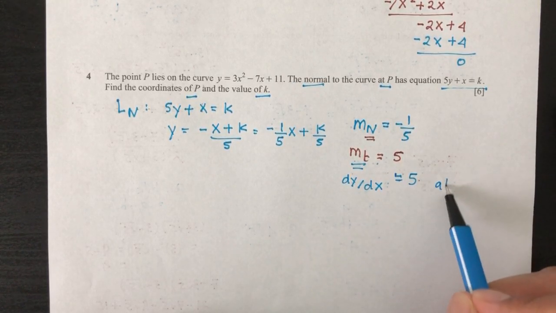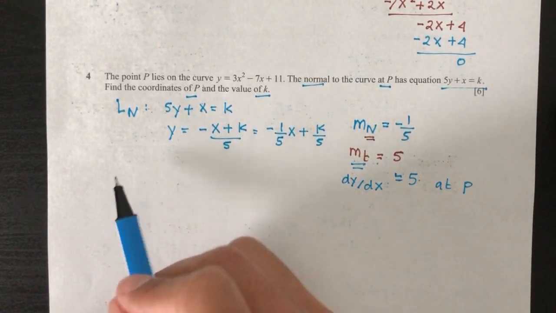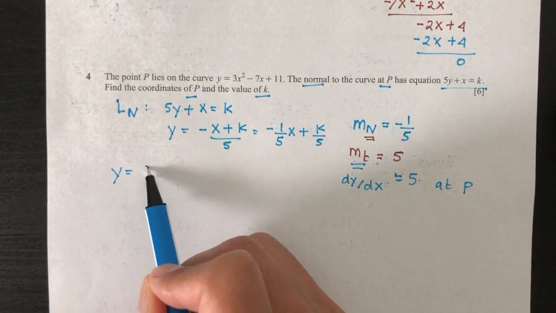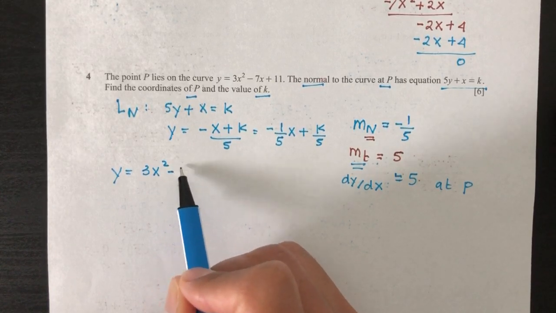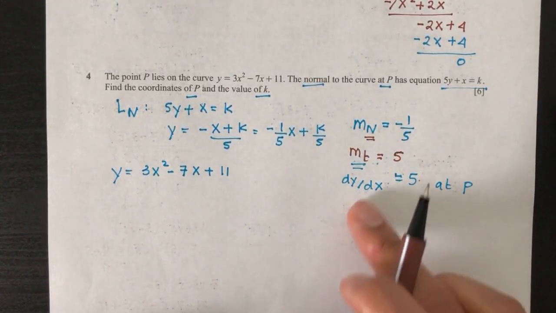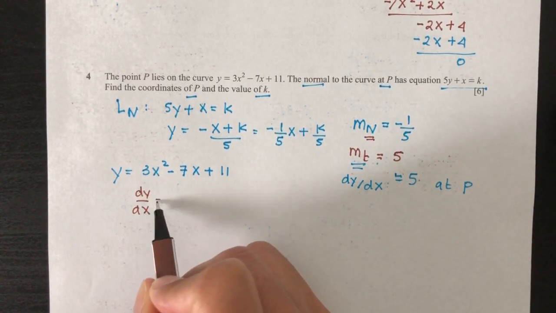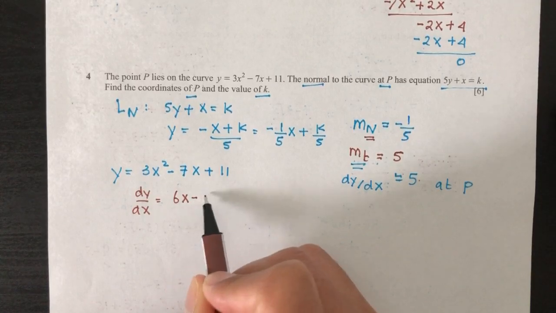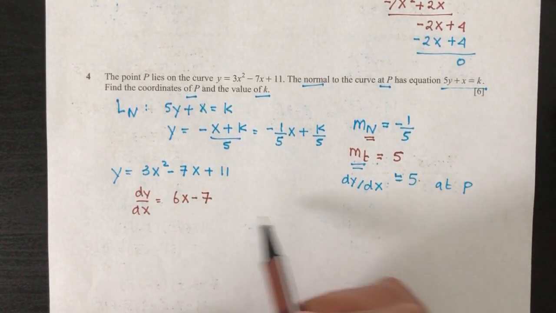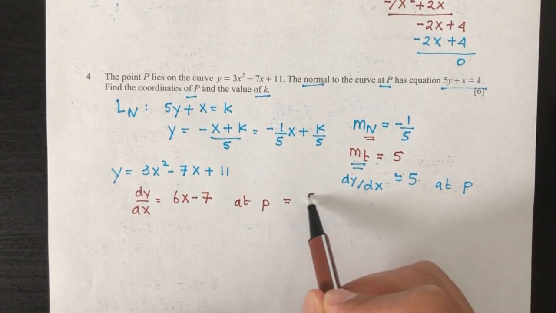So we have to find dy by dx. y has been given to you as 3x squared minus 7x plus 11. So dy by dx is equal to 6x minus 7, and we say that dy by dx at P is equal to 5.